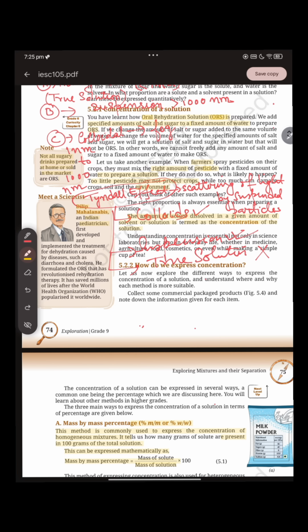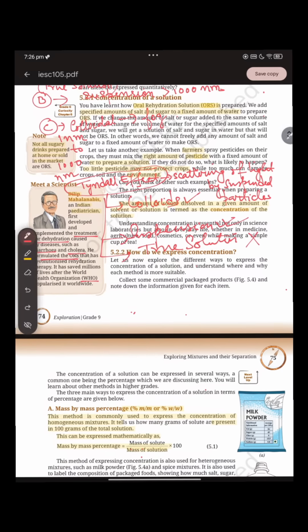He first developed and implemented the treatment for dehydration in diarrhea and cholera cases, and he formulated the ORS that we know as rehydration therapy. It has saved so many lives after WHO, World Health Organization, made it popular worldwide. So this was the contribution of our Indian pediatrician, right?